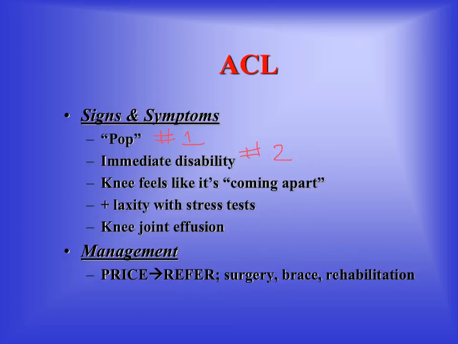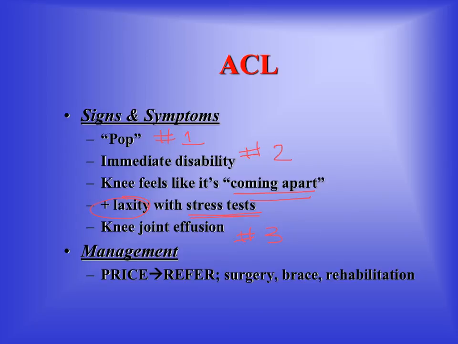Some people report that they feel like the knee is just going to come apart at the hinges, right? Remember, the knee is a hinge joint, and part of what holds that hinge joint in place is the ACL. And then there's definitely going to be looseness and or laxity with stress tests, and we're going to talk about those on the next slide. And in a small subset of people, you'll get some effusion, but then again, some people don't swell at all.